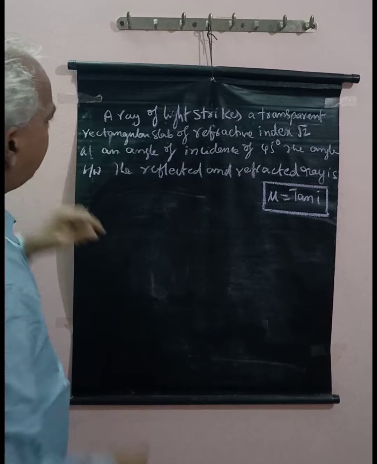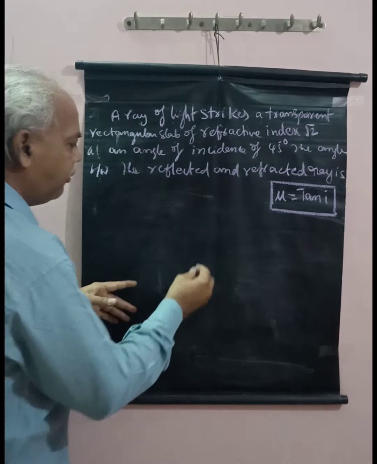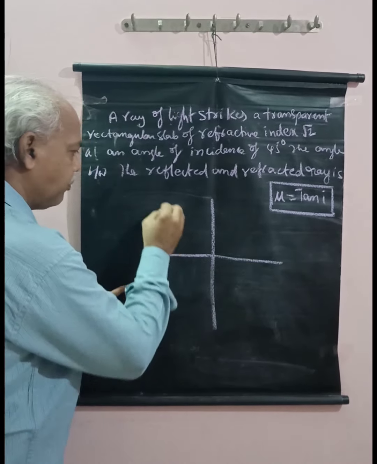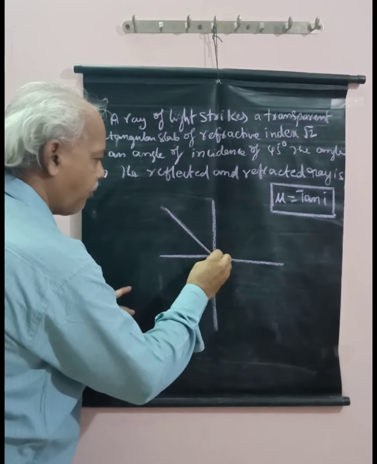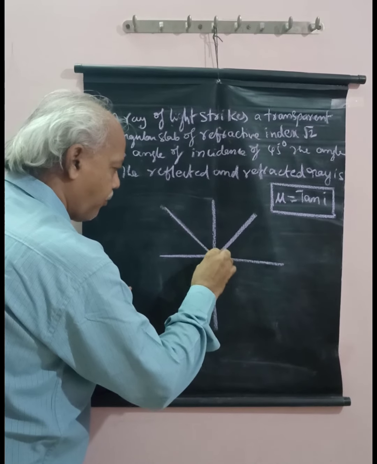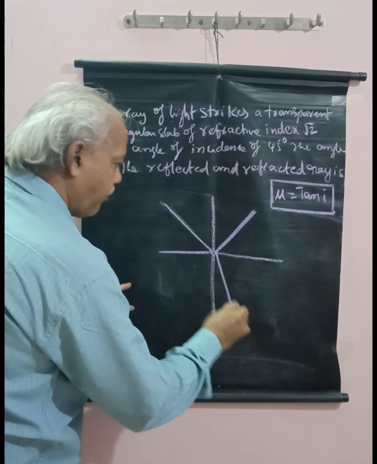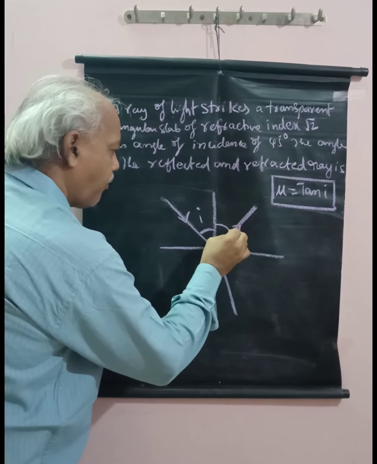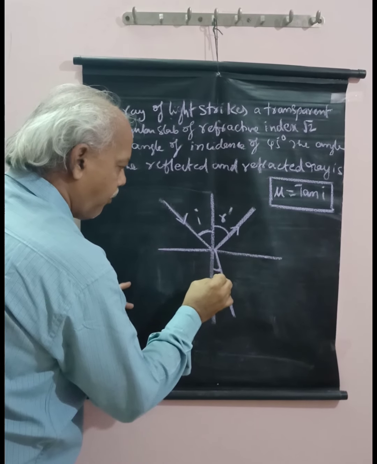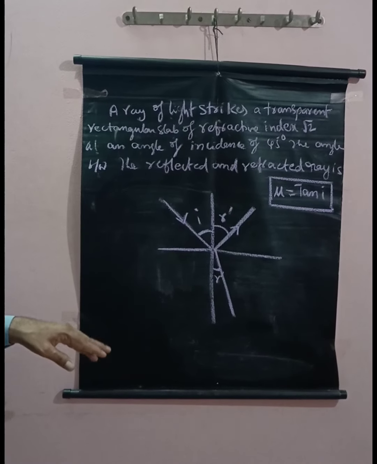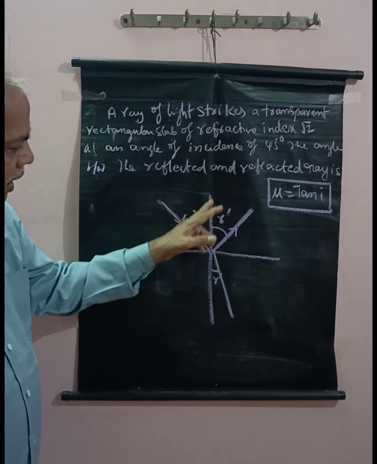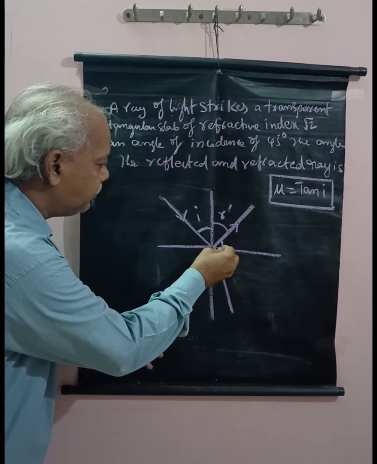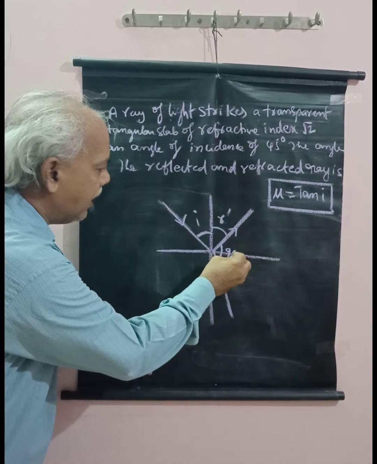For this we can draw a diagram. Here it is the normal, it is r dash and it is r, and the angle between them is 90 degrees.